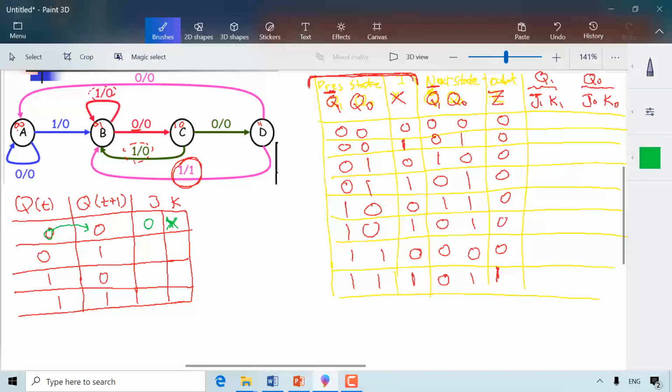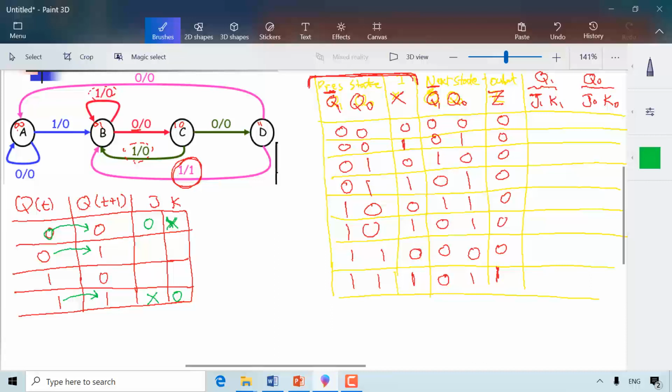Now, if I change from 1 to 1, again there is no change. I can achieve this by 1 0, 1 on the J and 0 on the K, or 0 0. So I say I don't care on the J and a 0 on the K. Now, what happens if I change from 0 to 1?